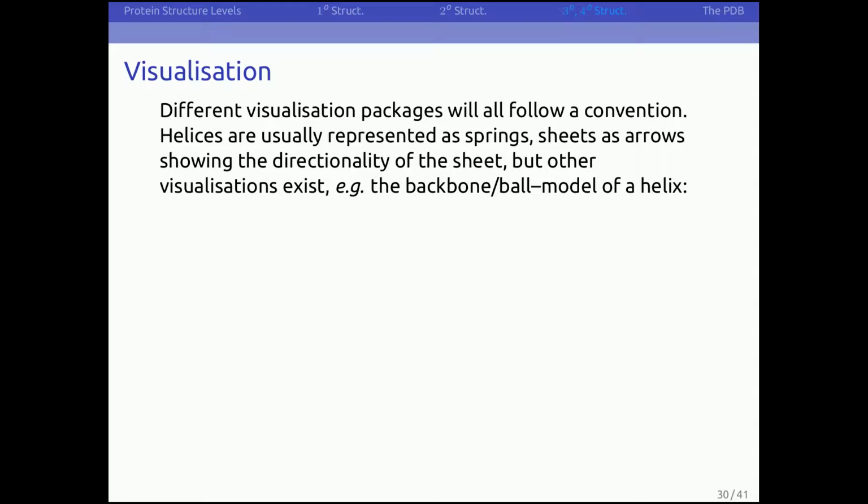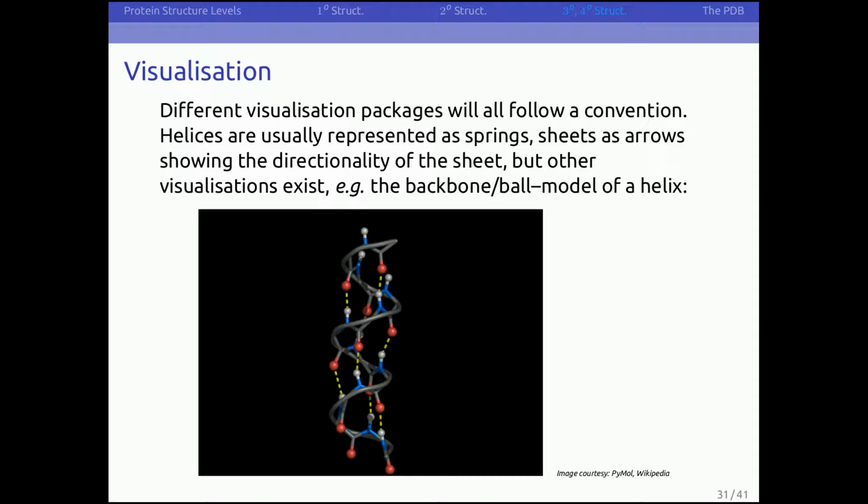And the arrows show the directionality of the sheet, in other words, which way the bonding is happening. But there are other ways to visualize. So here is an example of a helix that's rendered with the program called PyMol. Py should give you a clue that it's written in Python. So it's actually quite a useful package to interact with BioPython, for example.